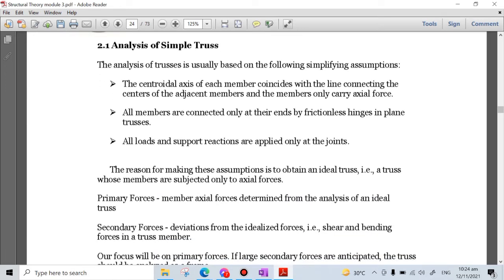Okay, analysis of simple truss. The analysis of trusses is usually based on the following simplifying assumptions. The centroidal axis of each member coincides with the line connecting the centers of the adjacent member, and the members only carry axial force.